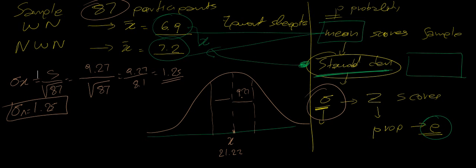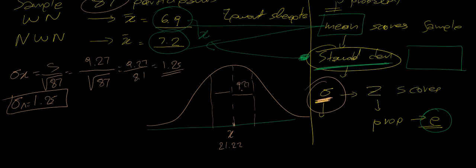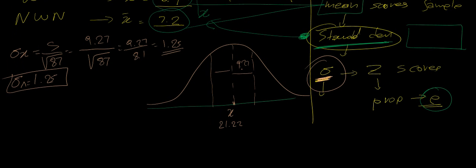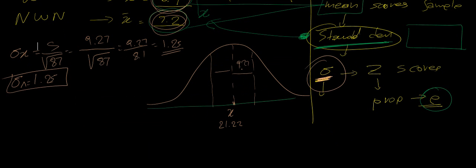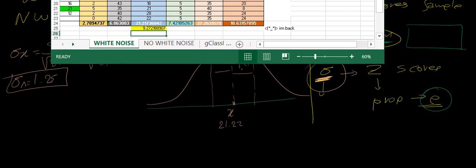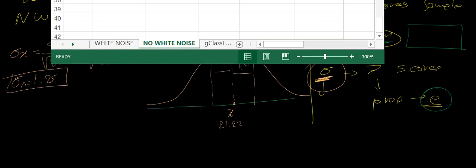Now, in order to be able to move further, I have to move from this to find the z-scores. It's about time now to discuss my hypothesis, and I want to remind you that we are not using these numbers. I need to use my numbers from where I found my standard deviation. I need to open this again and to remind you that my 21.22 I will remember, and the other one I remember 15.01.